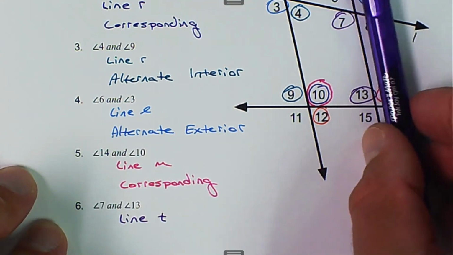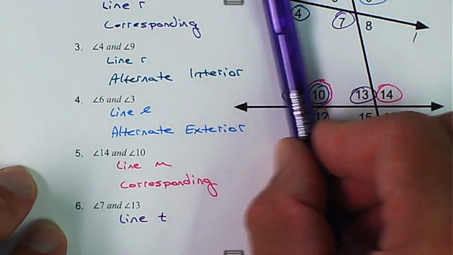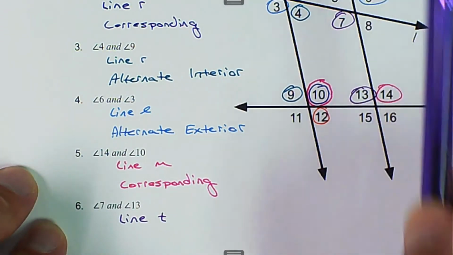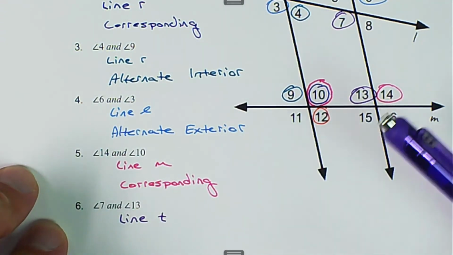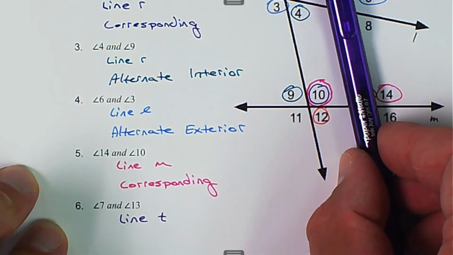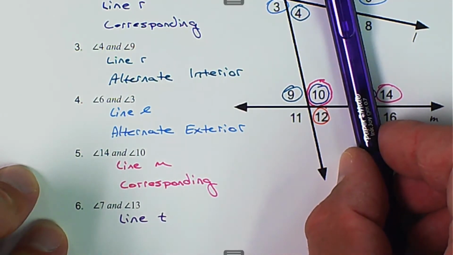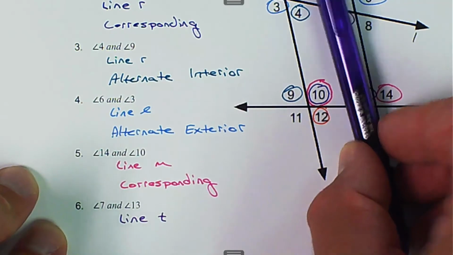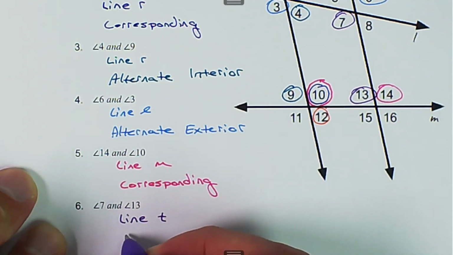Are they between line T and line R? Yes, they are. So that's interior. Can I cover them up with my pencil? In this case, I can, so they are on the same side. That's going to be same side interior.